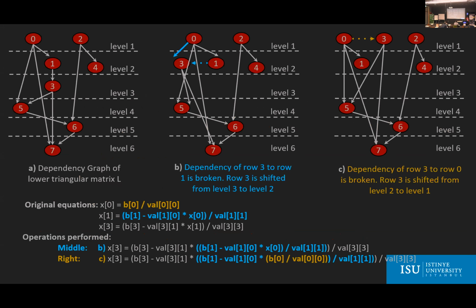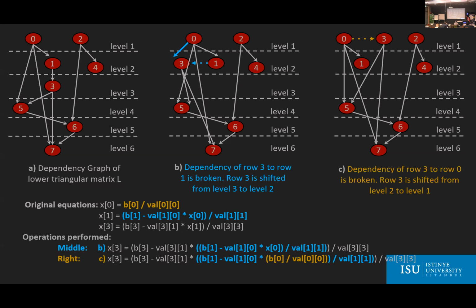So what is the equation rewriting method? On the left-hand side, you're seeing the dependency graph of the matrix, which is partitioned into levels by the level set method. The level set method is a well-known method used for SpTRSV, where you have the rows grouped in levels, so you can compute them in parallel because they don't have any dependencies between each other.